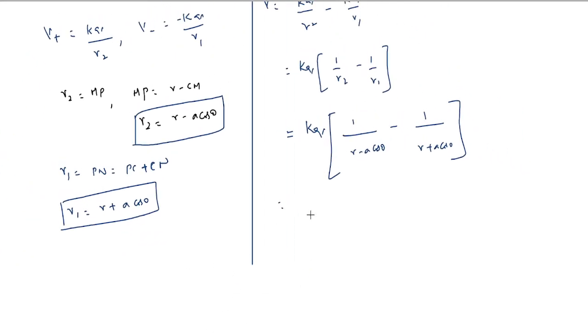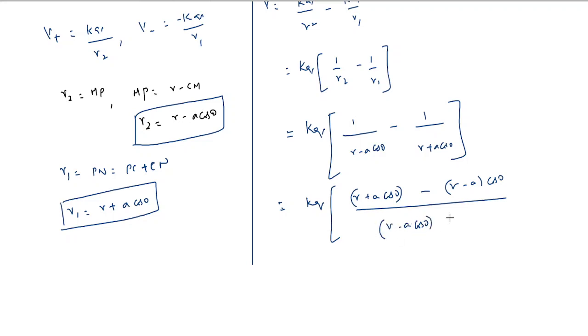From here we'll take the LCM and cross multiply. So (R plus a cos theta) minus (R minus a cos theta), over (R minus a cos theta) into (R plus a cos theta). Do remember that there's a whole bracket here.